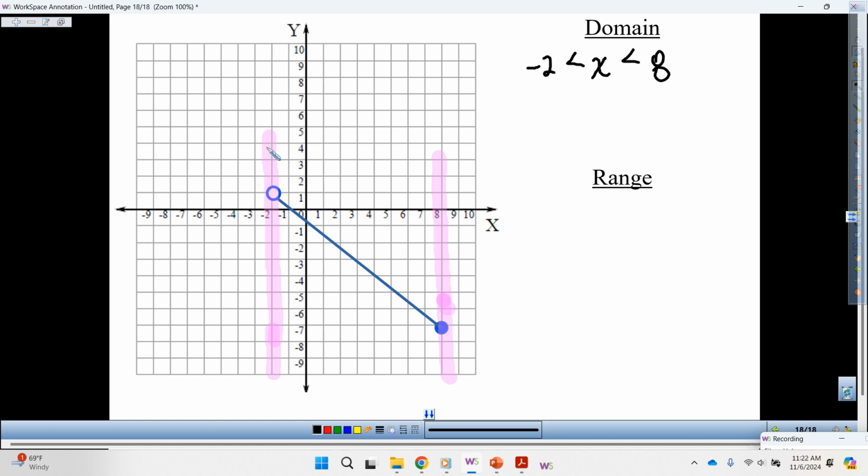Which one is the open point? -2, so we don't put an equal sign. And which one's the closed one? 8, that one has the equal sign. I want you to write here inequality notation. I want you to write me now the set notation in blue.